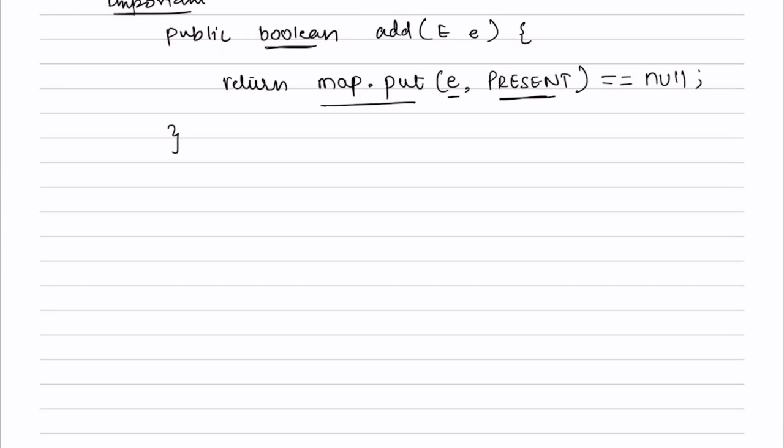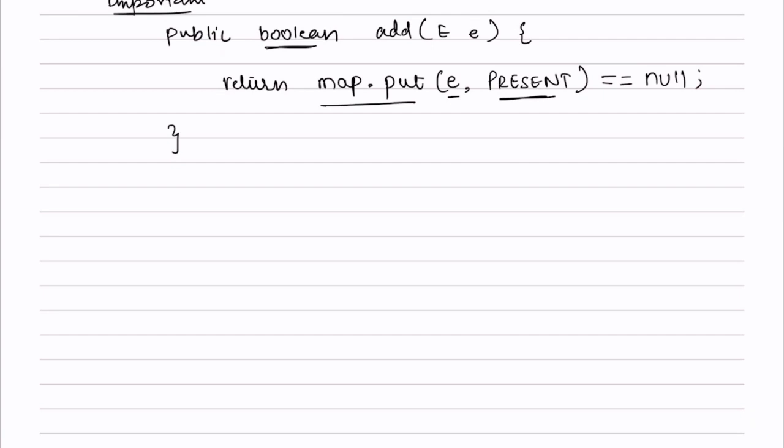So what HashMap does when the put operation happens onto it, when you create an entry in the HashMap, it checks whether that key is already present or not. If there is no key present in the HashMap, then it makes an entry, puts that key into the HashMap and returns null.